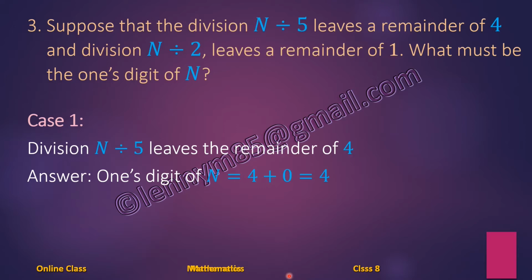In this case, we see that the remainder is equal to 4. Therefore, one's digit of n is equal to remainder 4 plus 0, which is equal to 4.